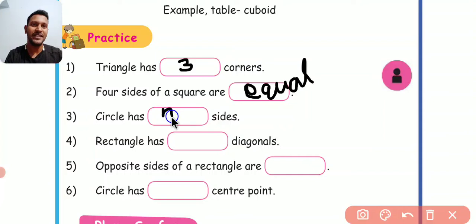Yes, no sides. A rectangle has dash diagonals. Yes, 2 diagonals. Opposite sides of a rectangle are equal. A circle has dash center point. How many center points? Yes, 1 center point. Okay, next.